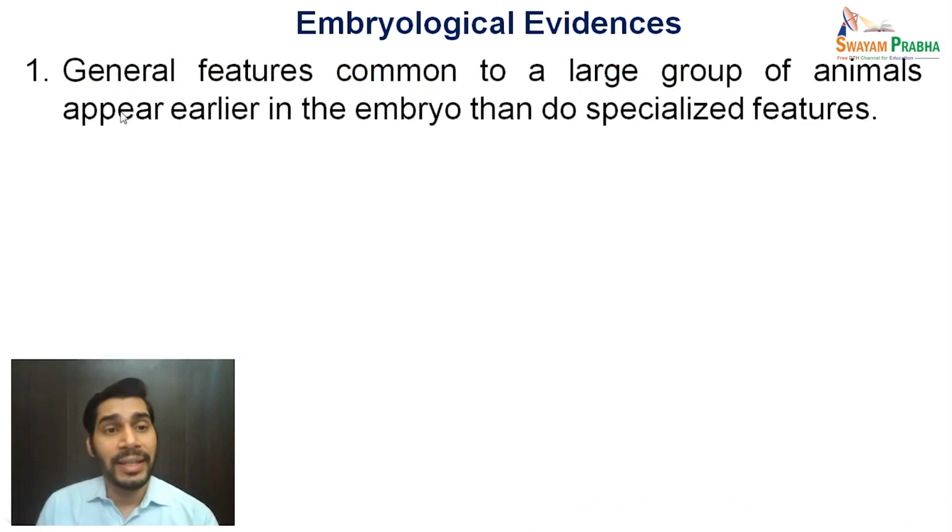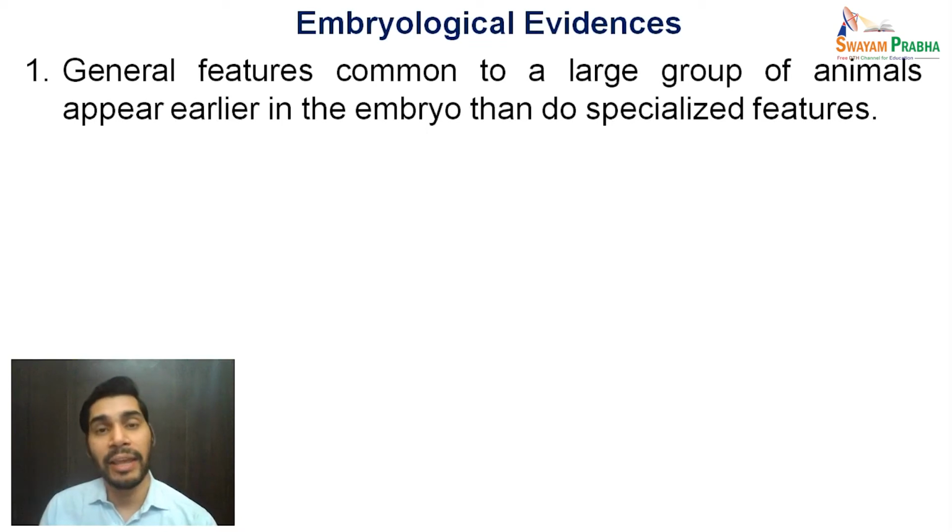He says that general features common to a large group of animals appear earlier in the embryo than do specialized features. It means the characters which are more general to a large group appear first, and the specialized features appear later on.